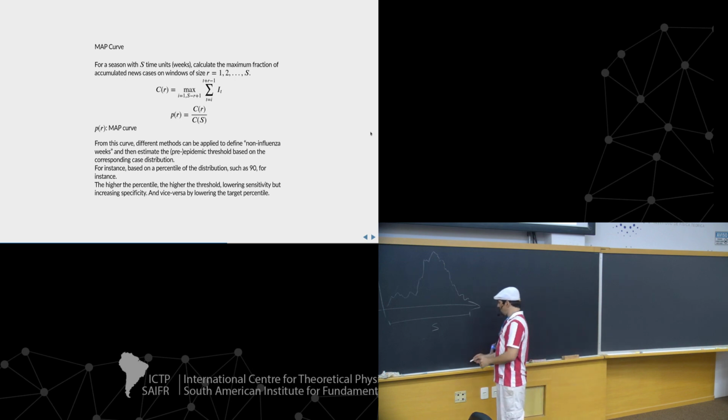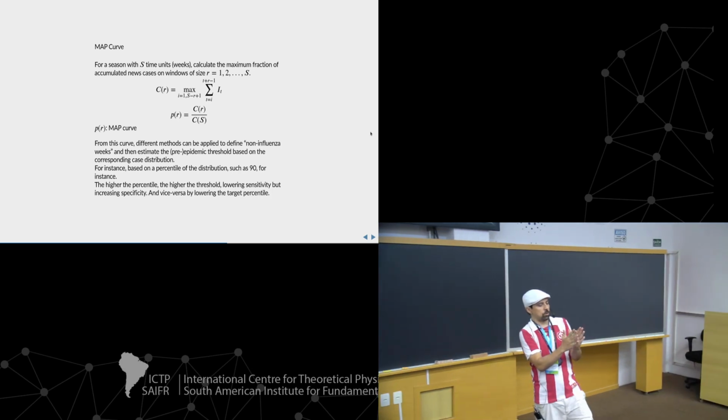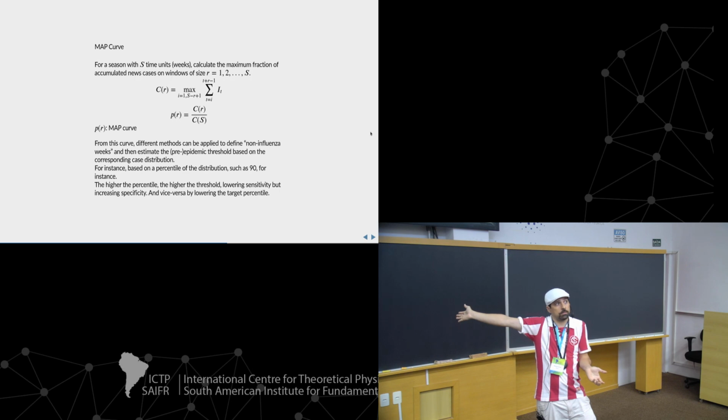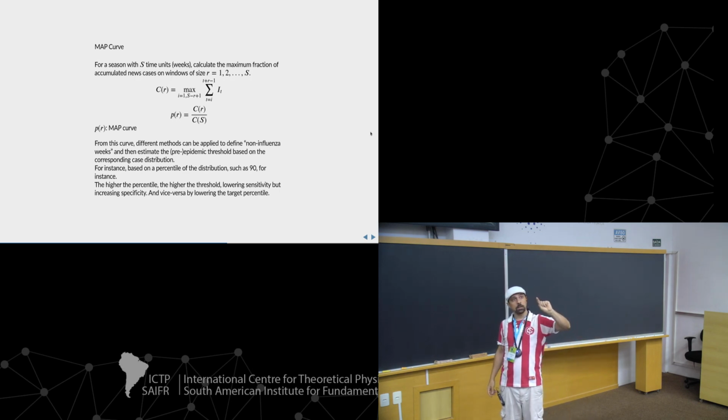So I can play then with windows of size 1, which would just be the weekly counts. And so for a window size of 1, what will be the value of the MAP curve, where it will be, first of all? Sorry?